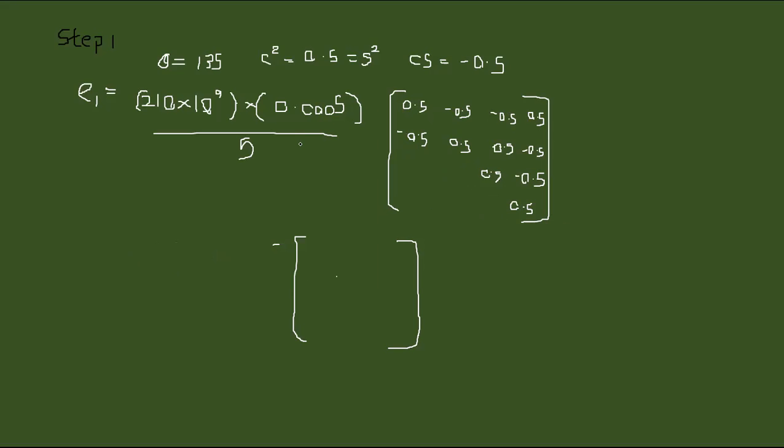So if you take 0.5 out, everything will be 1. Other things are symmetric, so then it will become 10 to the power 5 and 105.